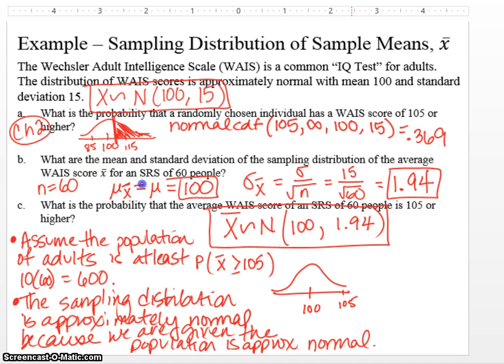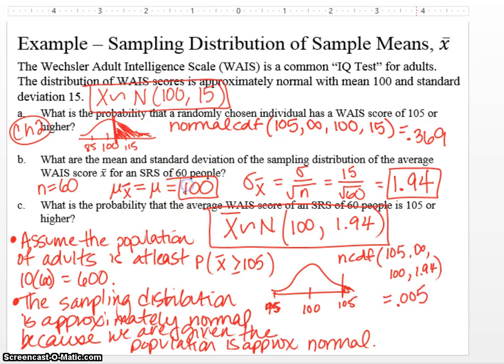So 105 is now going to be way, way out here. We want this teeny tiny area there. So we're going to normal CDF, lower bound of 105, upper bound to infinity, mean of 100, standard deviation of 1.94.